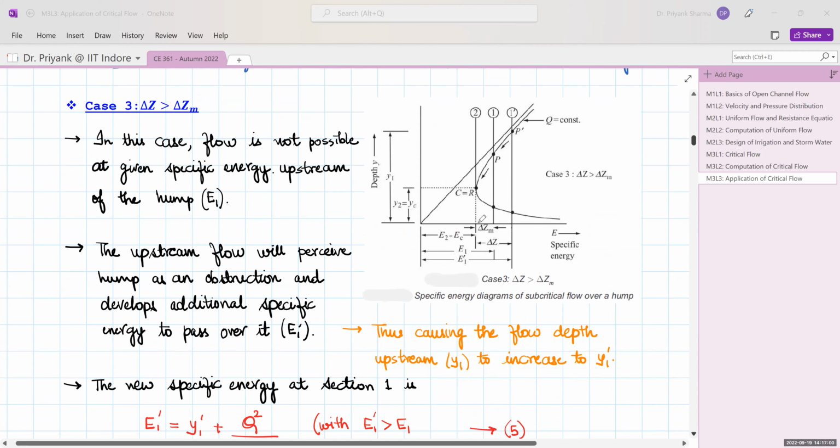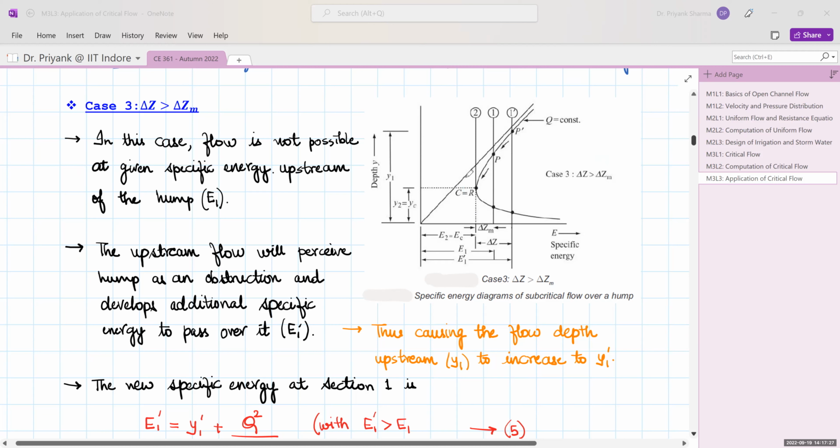If delta Z is greater than delta Zm, that means it will encroach on this territory of the specific energy curve, and the point has to fall somewhere here or here. But as we have seen earlier also, for any specific energy less than the critical specific energy, the flow is not possible for the given conditions.